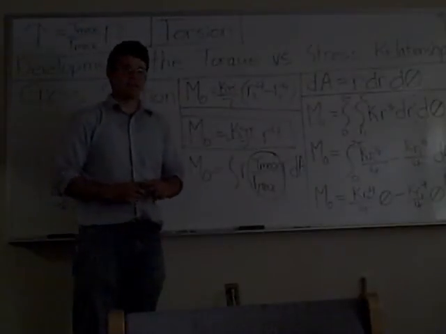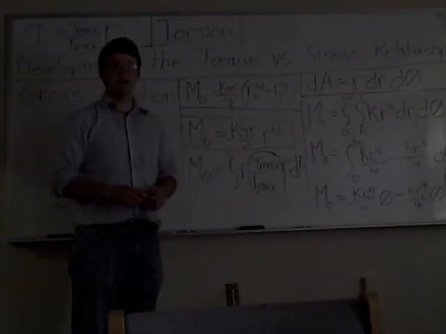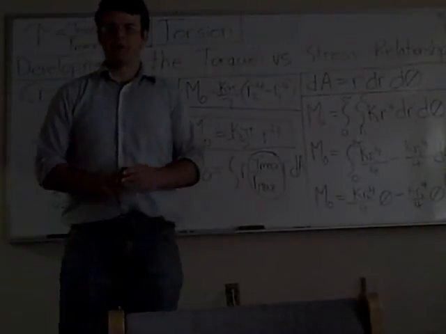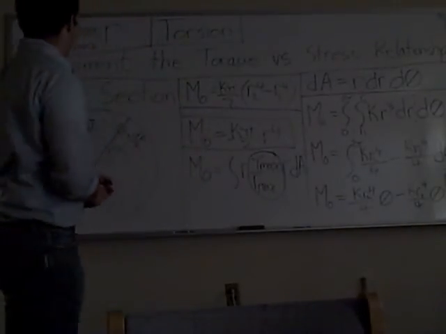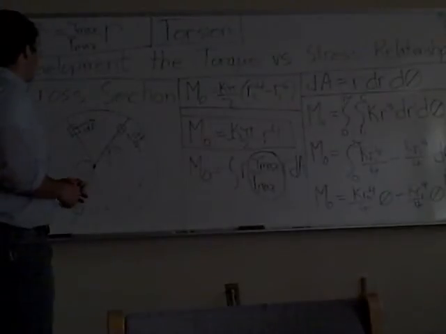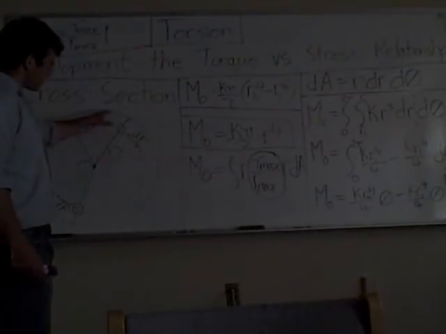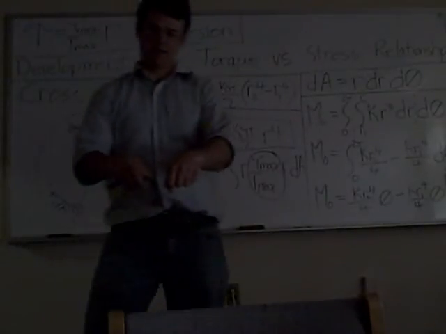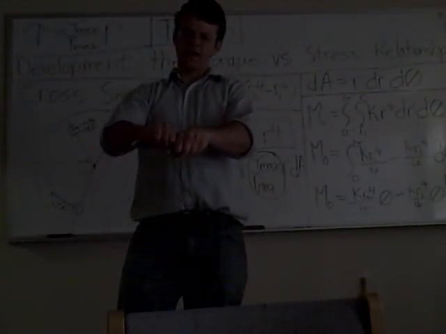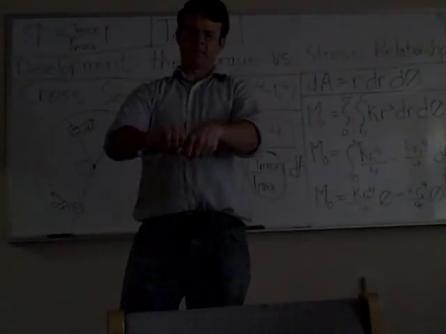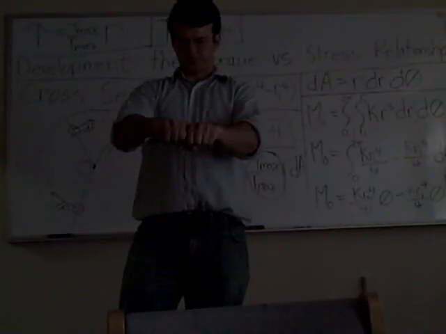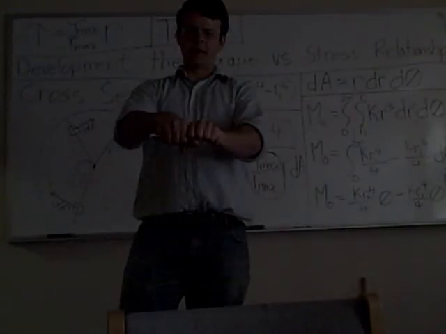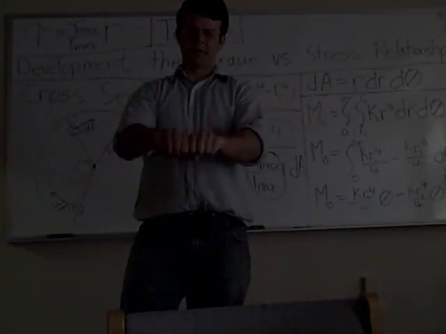For different shapes, if it's like a square beam or something like that, you're going to have to develop that in a different way, because the deformation is not occurring in the same plane. Like in any rod, every point in the plane is going to move, and it's going to move in that plane relative to every other point in that plane.